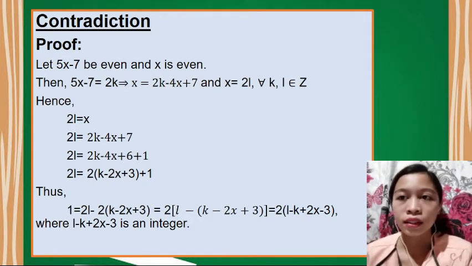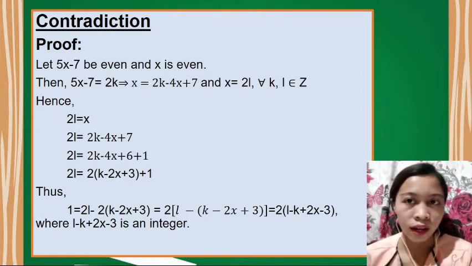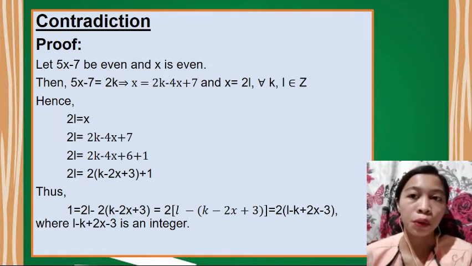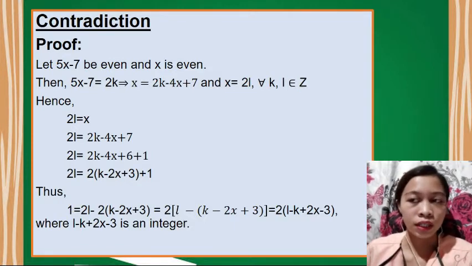And x equals 2l. Since our x is even, we can multiply it with 2 and use a different variable that will represent each equation, for all k and l an element of Z, or integer.